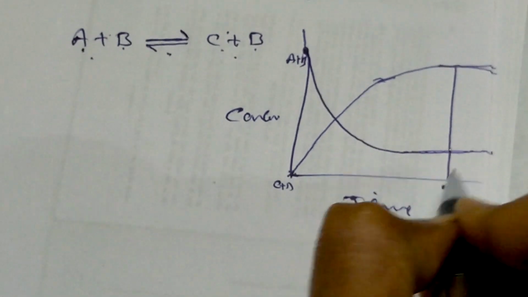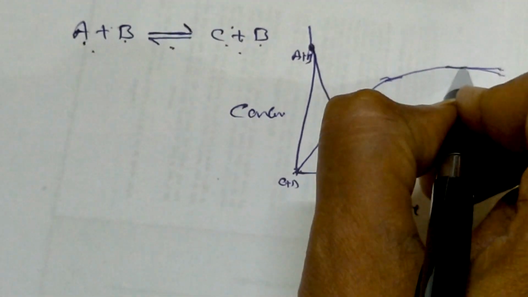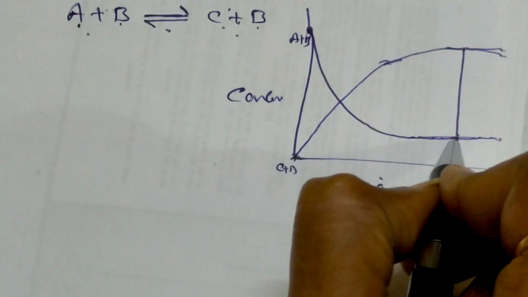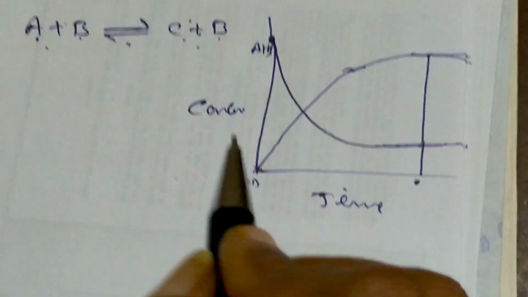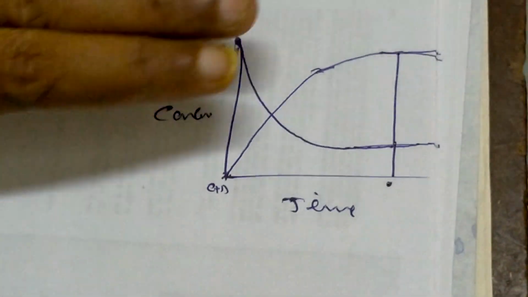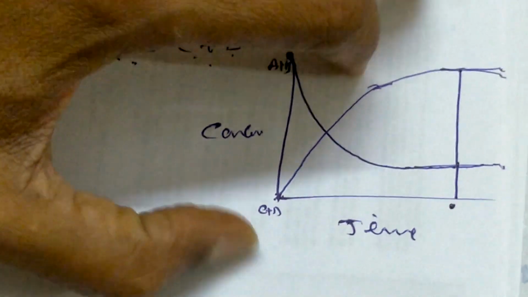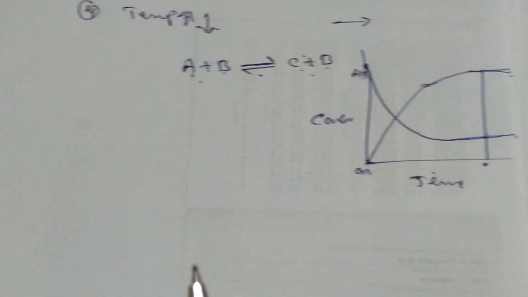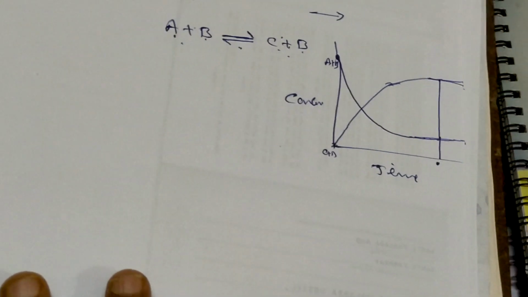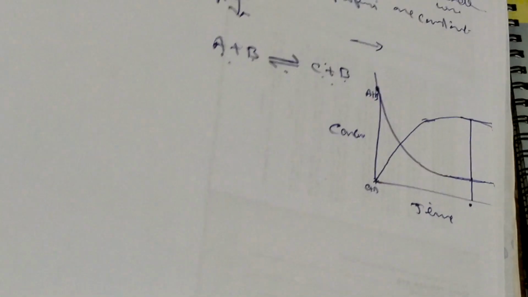This is the equilibrium time, this is the equilibrium concentration of the products, and this is the equilibrium concentration of the reactants. But all this is at a particular temperature and pressure. If I disturb this, the entire curve will shift to this side or that side, depending on the other parameters.